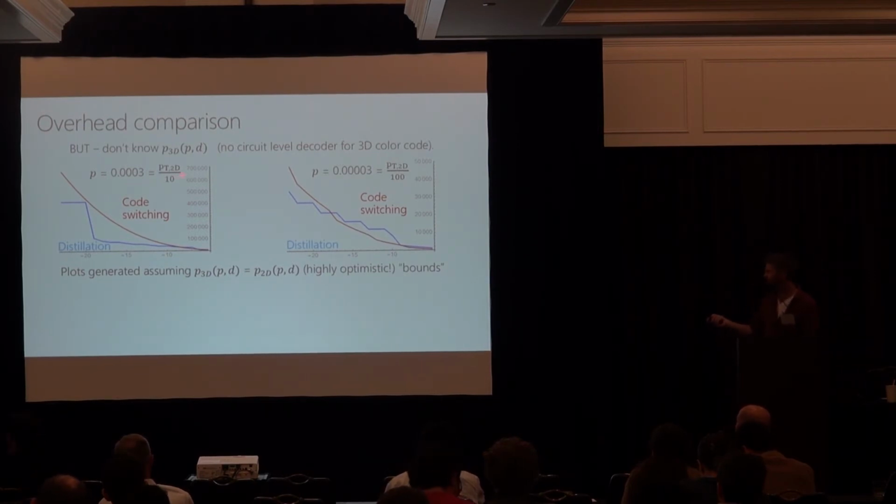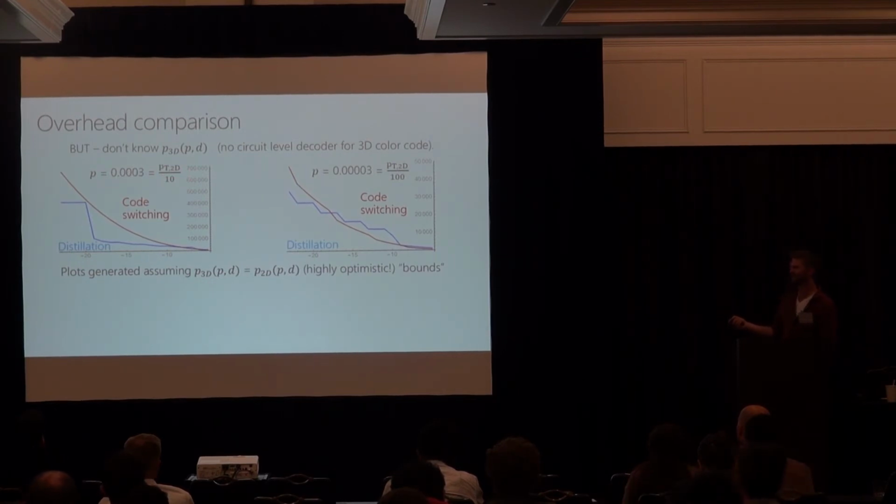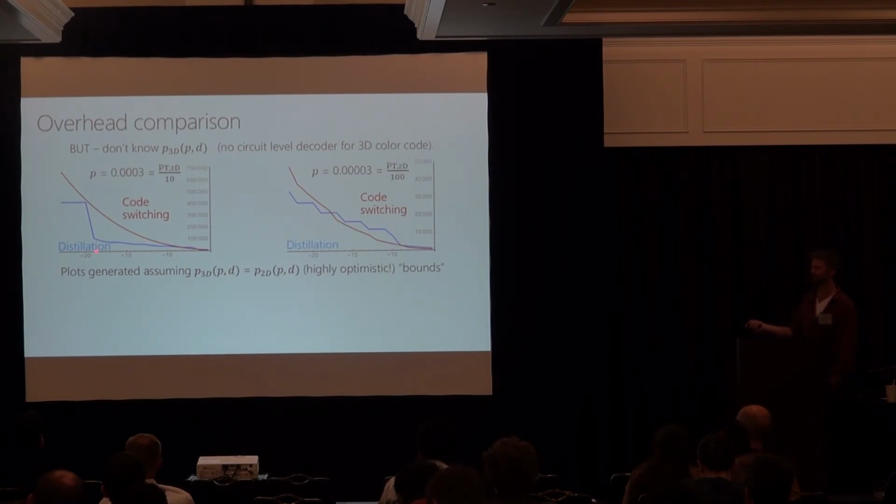So what you find, unfortunately, is that for the case of code switching, you have higher overhead. This is at 1/10 of the 2D threshold. Austin Fowler would say this is an unreasonably low error rate anyway. But at 1/10 of the 2D color code threshold, you see that there are basically no regions where code switching is lower overhead than distillation.